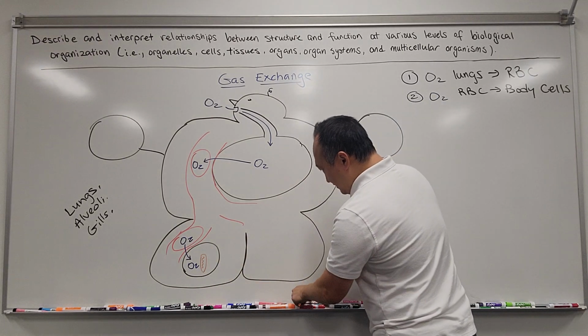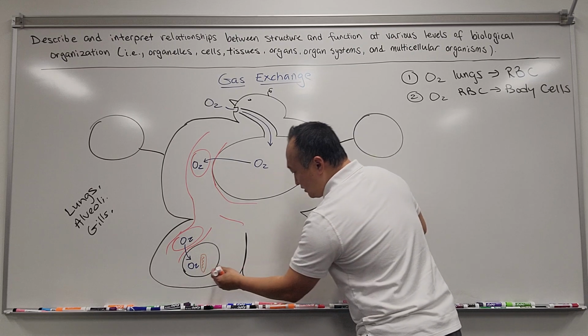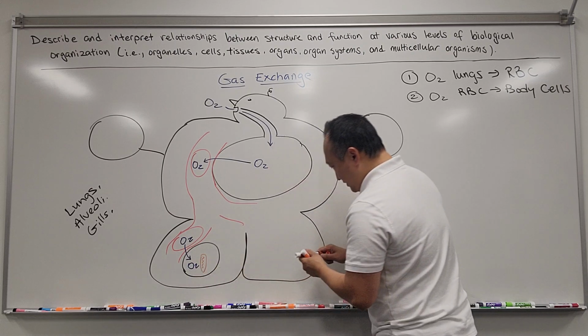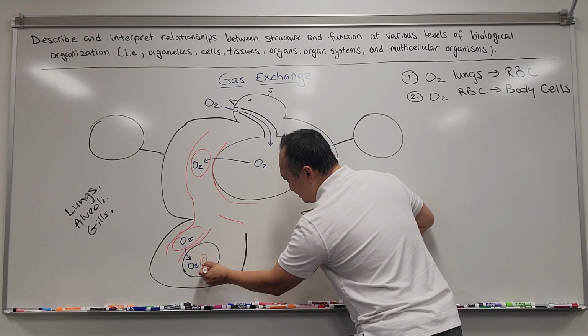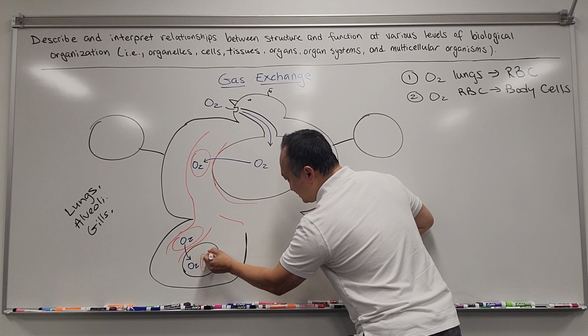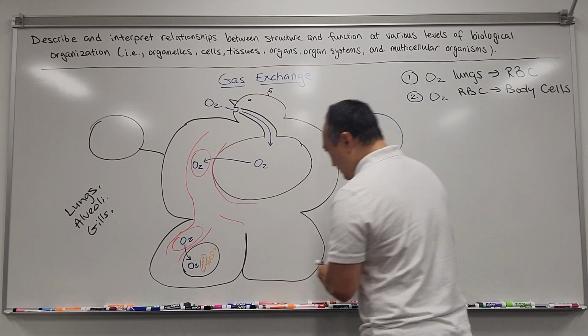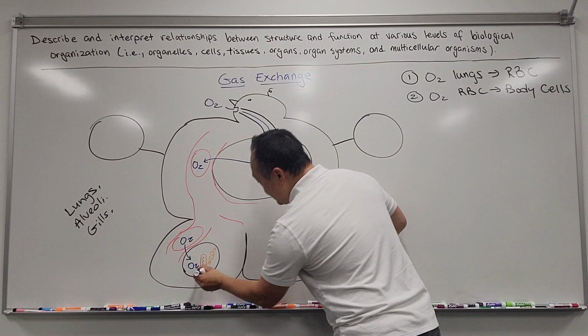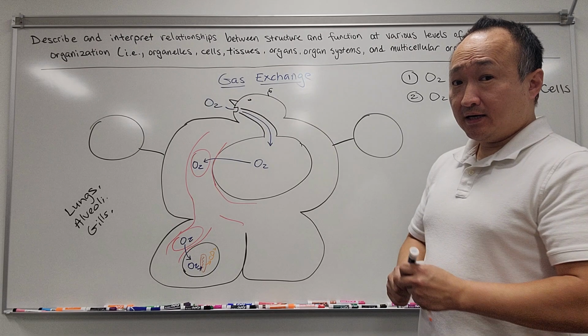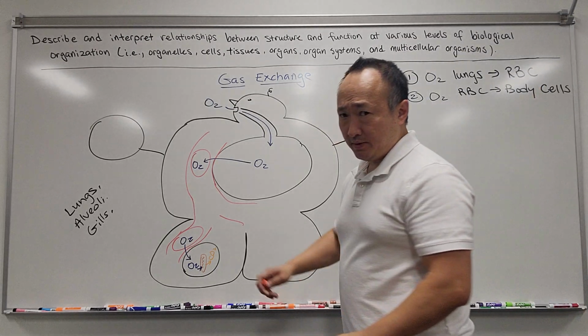But when cellular respiration uses that oxygen, it's going to generate waste in carbon dioxide. So that oxygen is used by cellular respiration, the mitochondria.